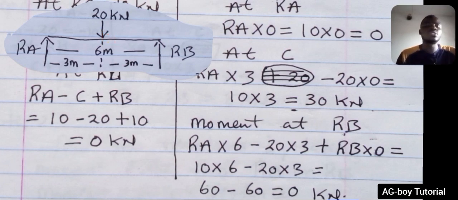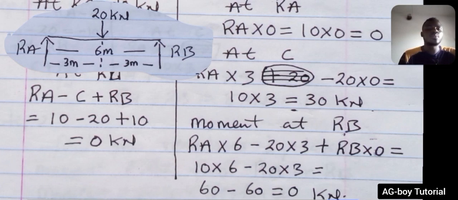So it's going to be negative 20 multiplied by the distance from 20 to RB, which is 3 meters. So it's going to be 20 multiplied by 3. Then our RB here is going to be RB multiplied by 0. The distance here is 0.